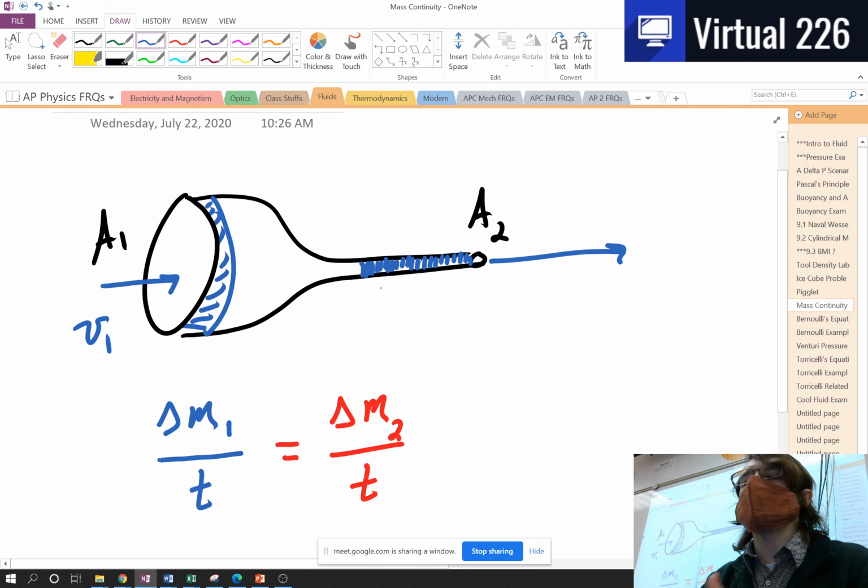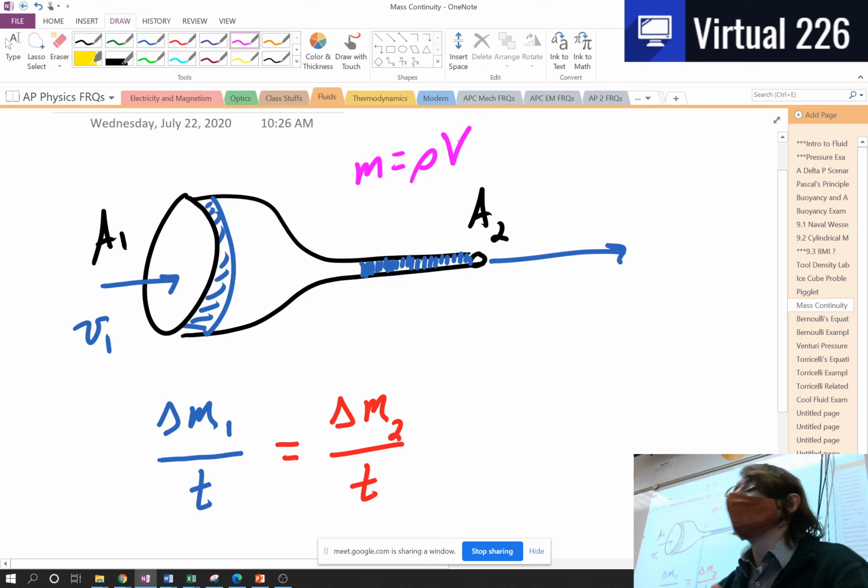And we initially talked about that as the same amount of volume, because if this is something like water, it has the same density, and we know that for a fluid, the mass can be found just by saying a density multiplied by volume. So when we talk about mass, when we talk about volume in this case, because fluids are incompressible, we're really saying potato, potato.